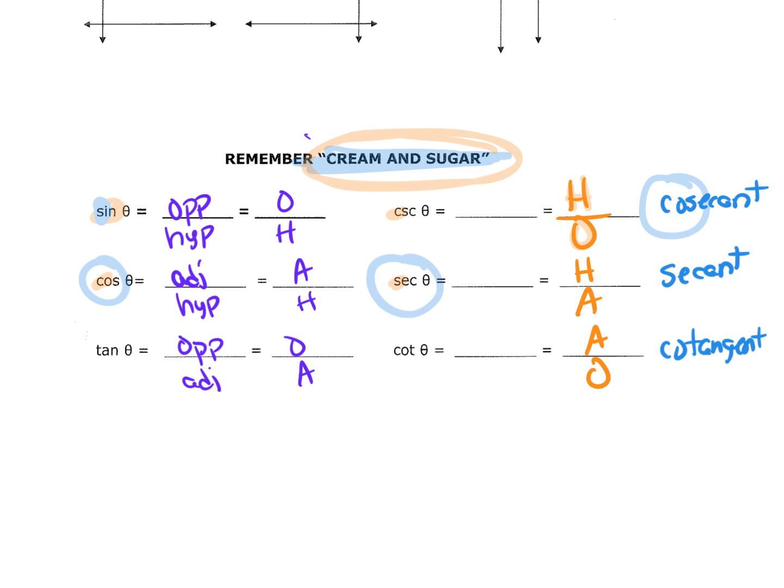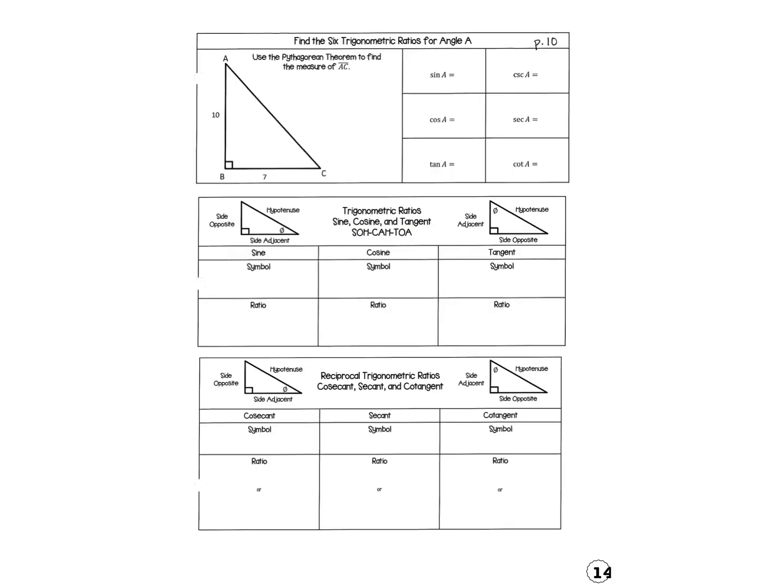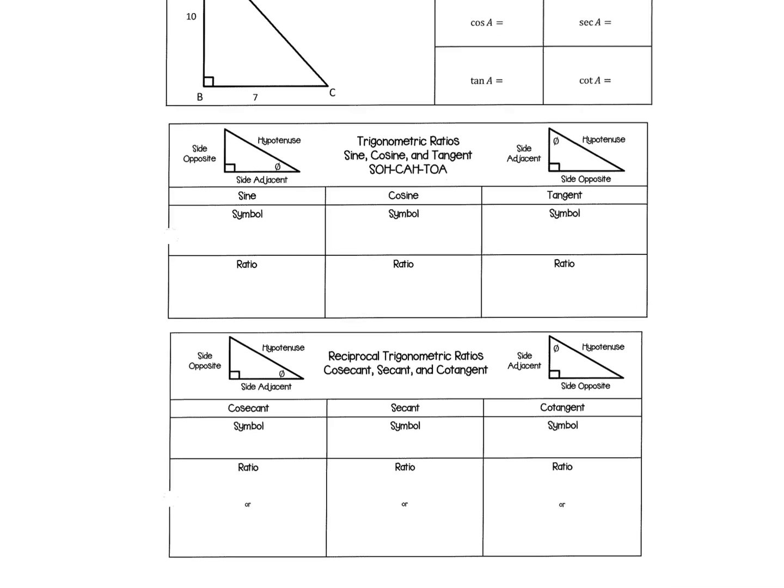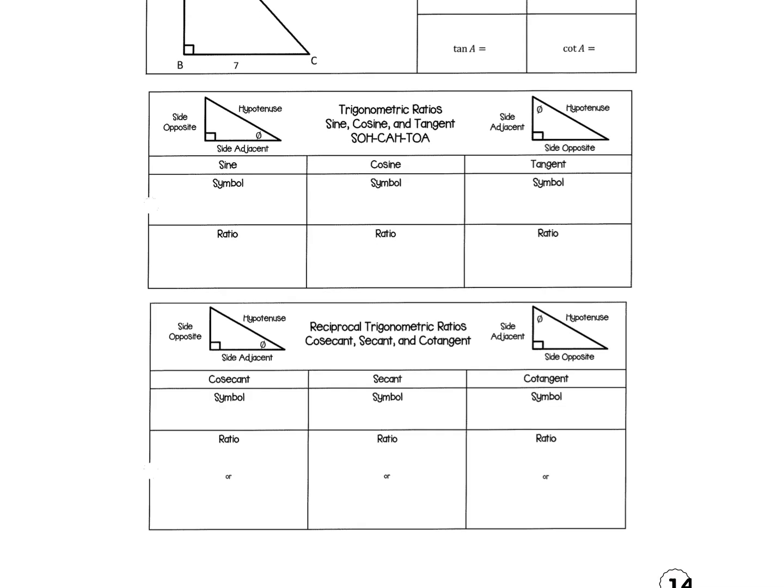All right, we're going to talk about some right triangle trig. But first, we're going to just refresh memory and review and reinforce what we already know. So the symbol that we use for sine, the shortened way we write that, is SIN.